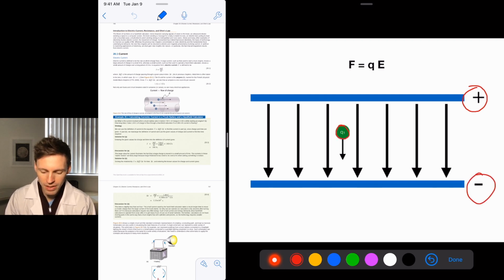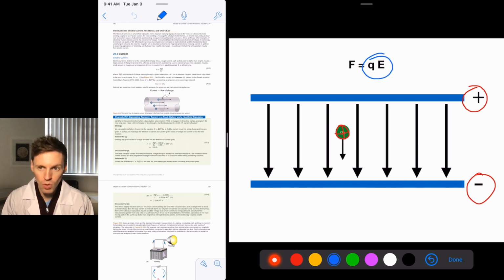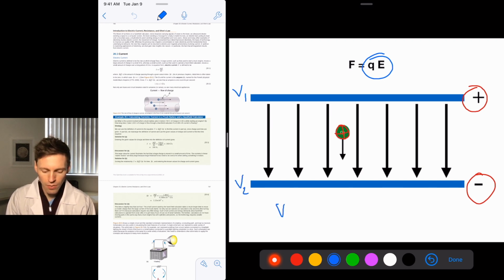If you drop a positive charge in there, it's going to feel a force of strength Q times E. So if they ask you how much force this charge will experience, you have to calculate the electric field, which will be V1 minus V2 divided by the separation D. Once you figure out what that is, that's the electric field.